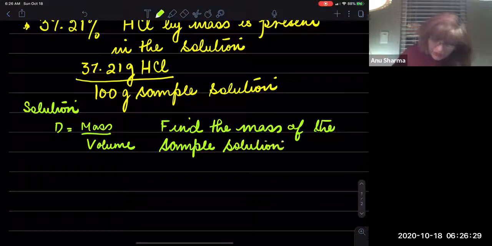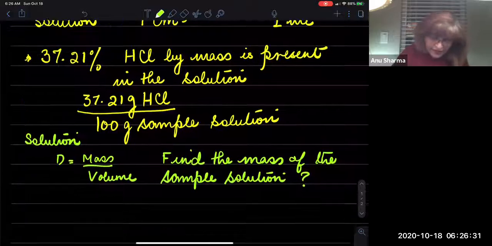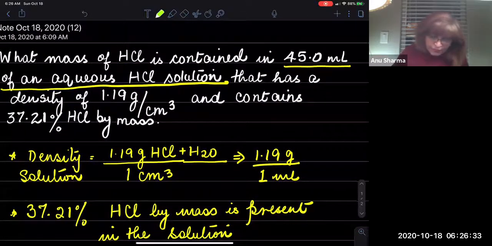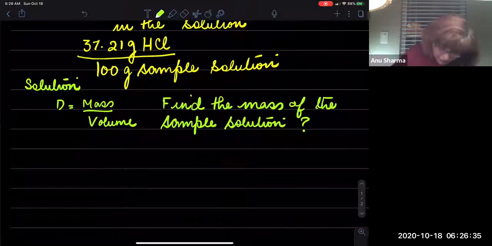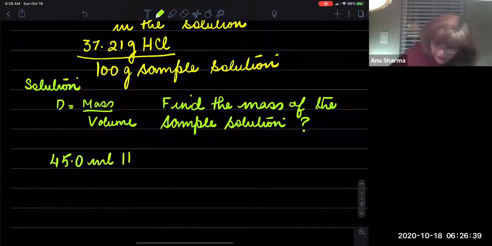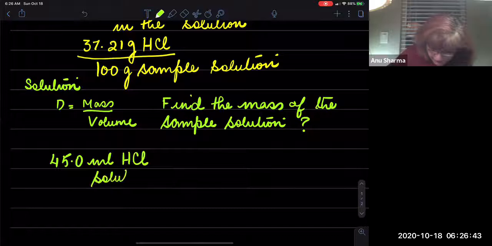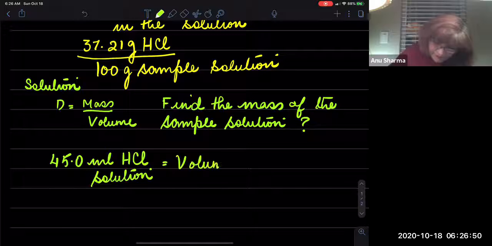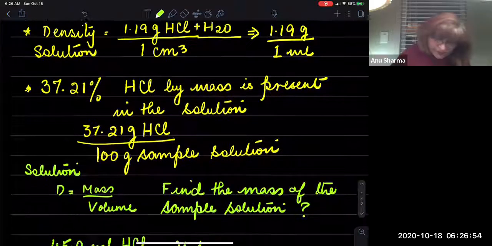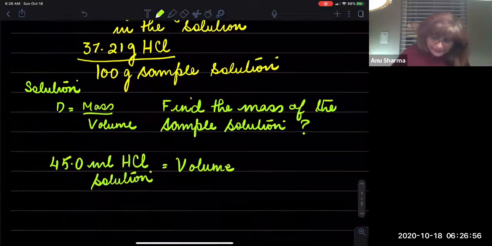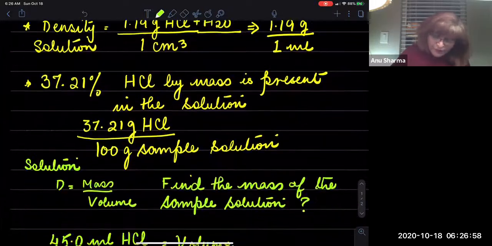Okay, so we're going to look at it that 45.0 milliliters of HCl solution. Now that is the volume. Okay, and the given density is 1.19 grams.